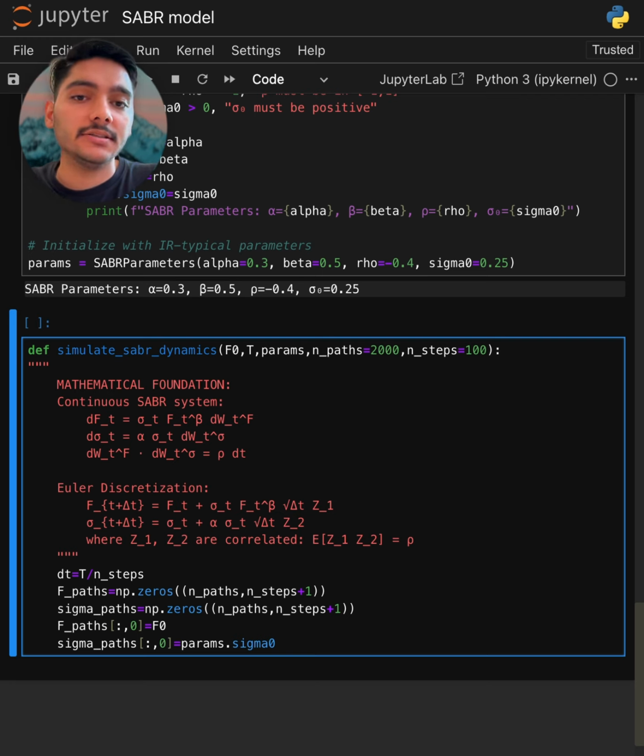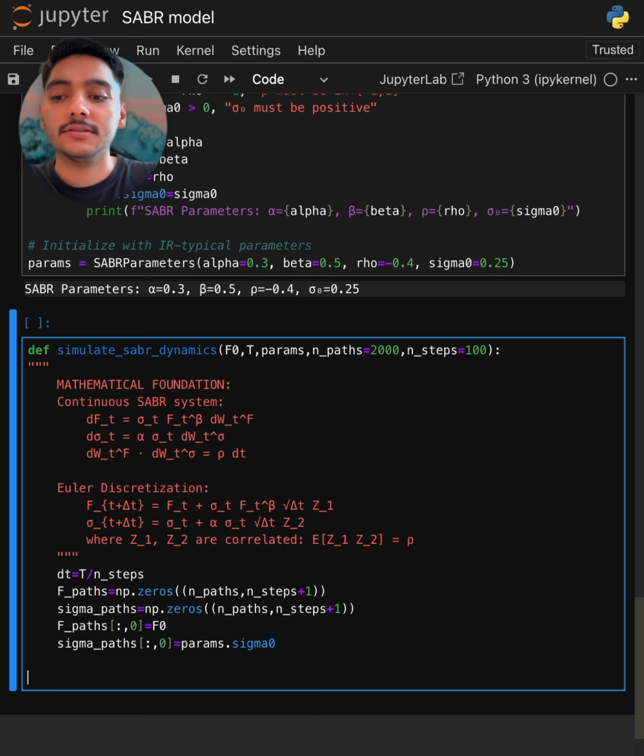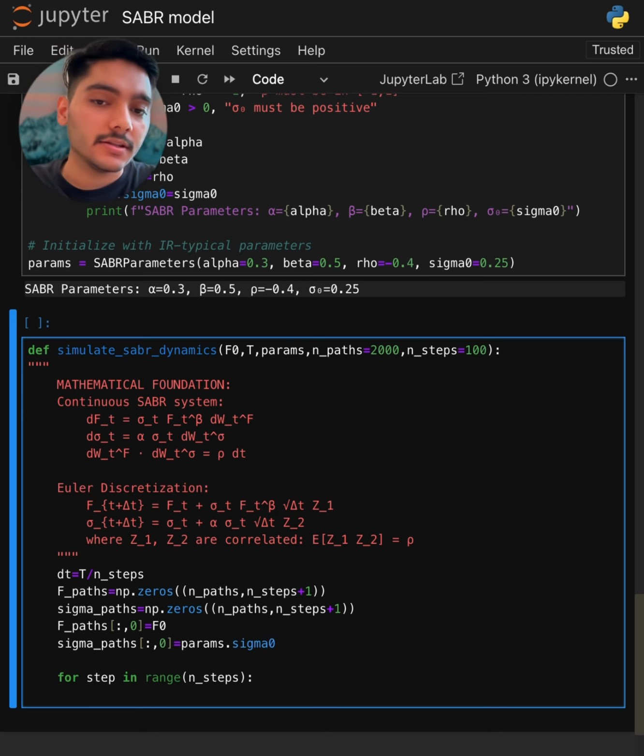So let's write the main simulation loop. It will be something like this: for step in range n steps. In step 4a, we will generate correlated random shocks.